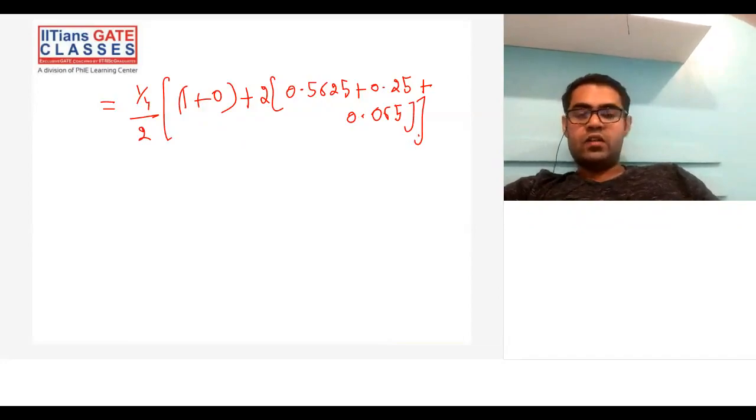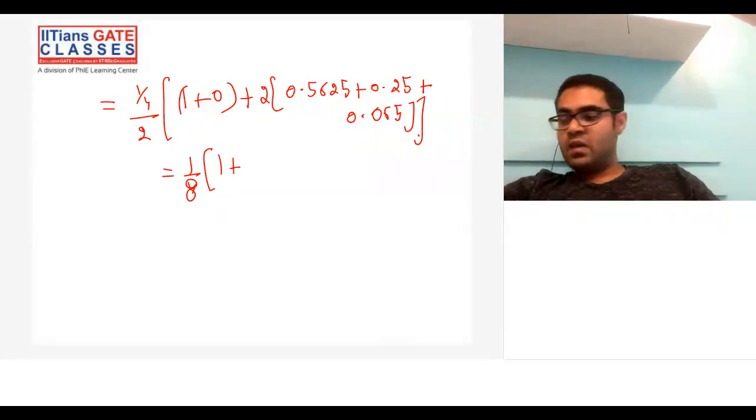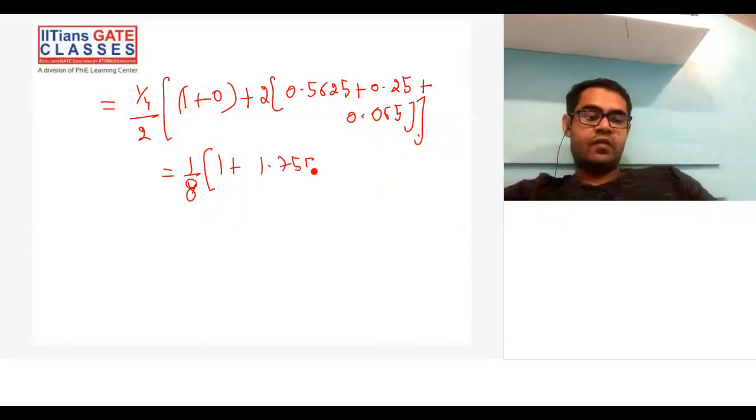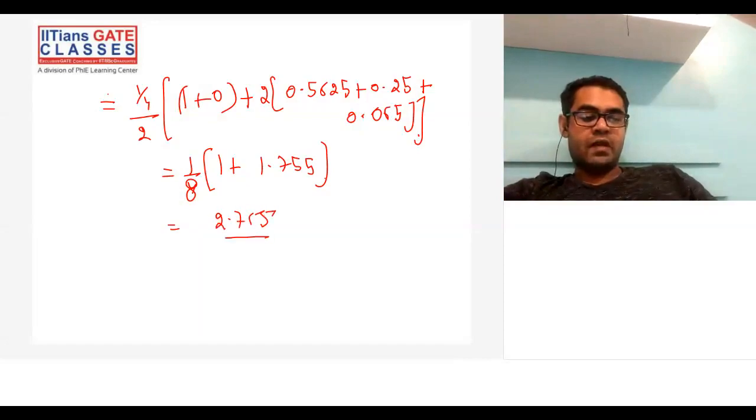Now it's just a matter of adding and solving. Once you add them, you get 1 by 8 over here. This becomes 1 plus 2 times this whole thing, which I think gives 1.755. So this becomes 2.755 by 8, which gives you 0.344 as the final answer.